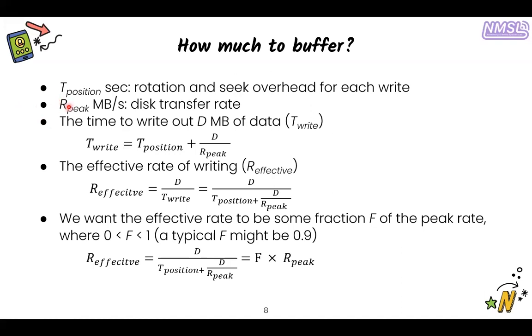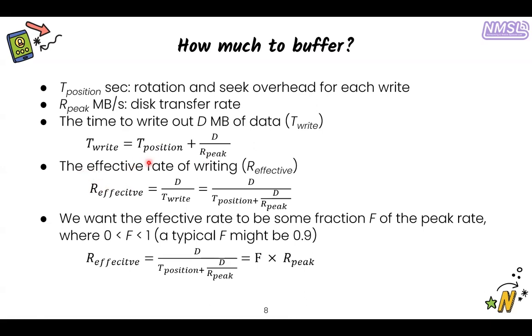R sub peak is the disk transfer rate, the peak rate. And the time to write D megabytes of data, T write, will be the positional delay plus D divided by R peak, right? Time to transfer plus time to rotate.